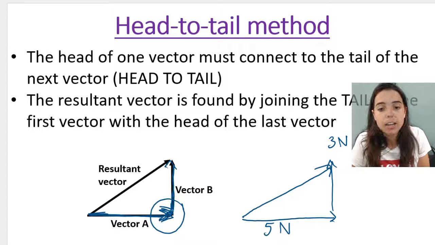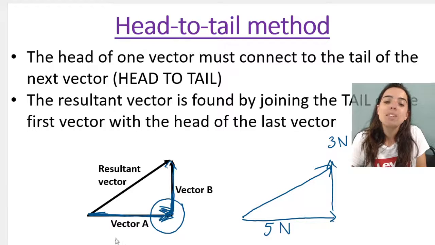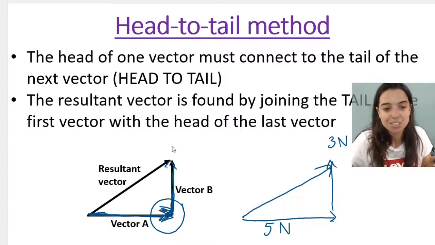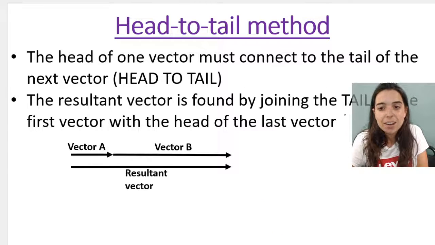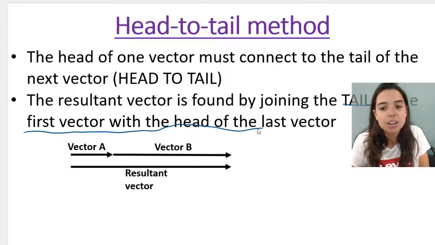Head of vector A to tail of vector B. And then the resultant goes from the tail of the first to the head of the last. It's on my next slide. Tail of the first with the head of the last vector.